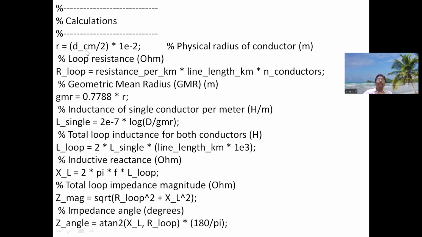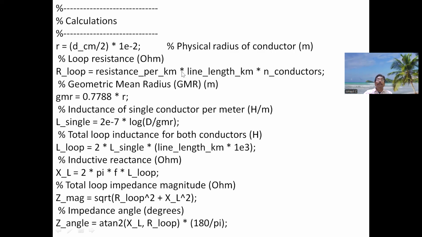Then the diameter is in centimeter, so I am converting it into meter by multiplying by 10 raised to minus 2. Now I am calculating the loop resistance of the conductor by simply multiplying resistance per kilometer, line length in kilometer, and n_conductors.